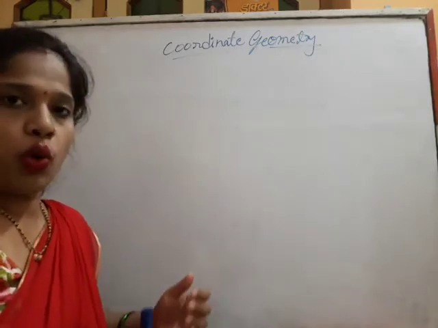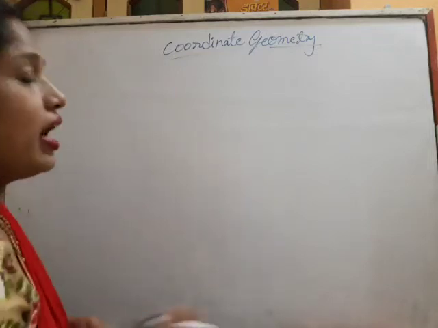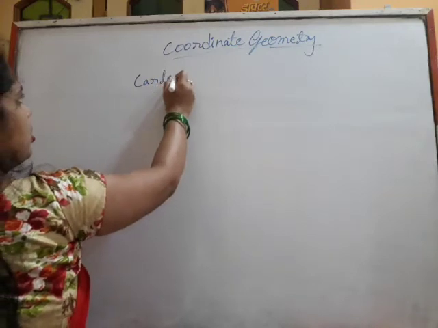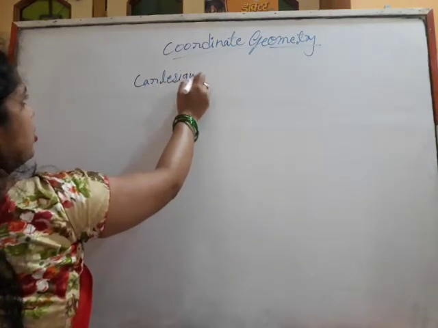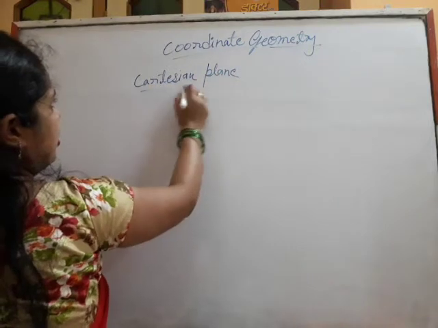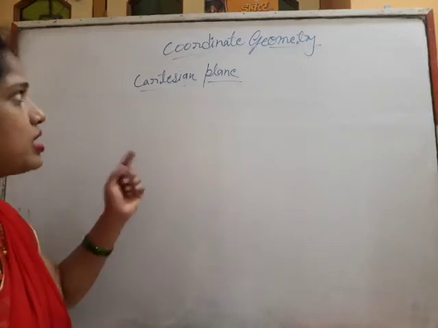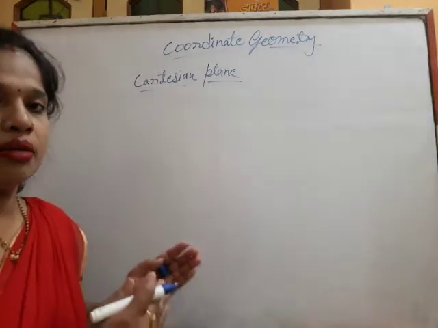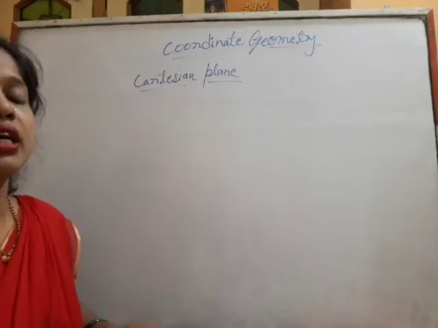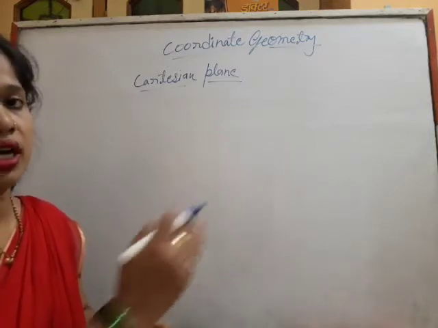But in coordinate geometry, the plane we are talking about is what? It is known as the Cartesian plane. So friends, you have understood what a Cartesian plane is? This is the plane in geometry we will assume to find the position of any point, to locate a point in a plane.